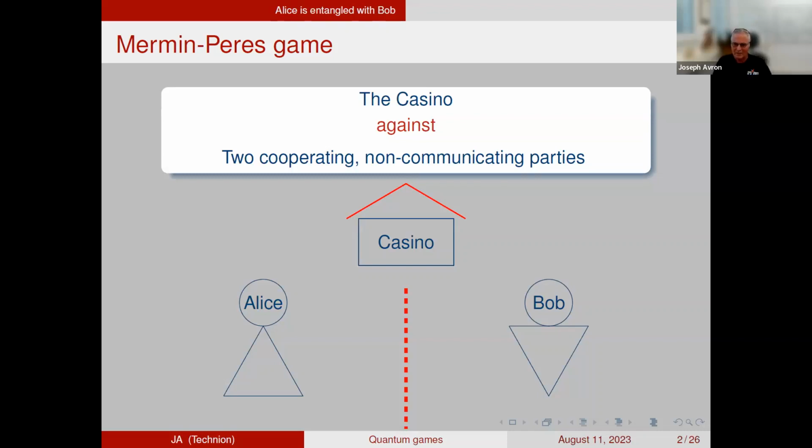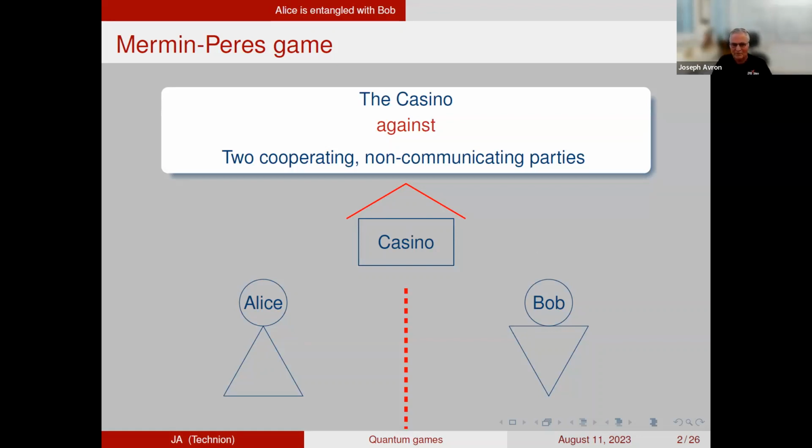So I'll start by describing the classical version of the game, where the parties do not use any quantum information, any quantum states, or any entanglement. And then I'll go on to describe the entanglement. And as we shall see, this will increase the winning probability.